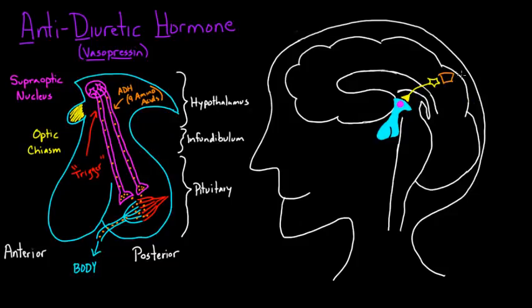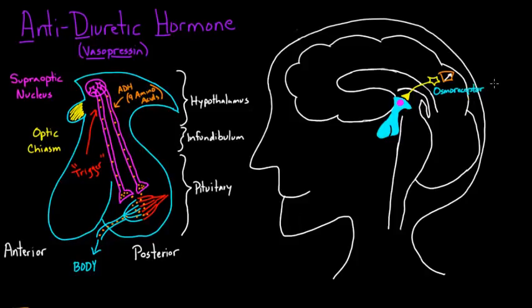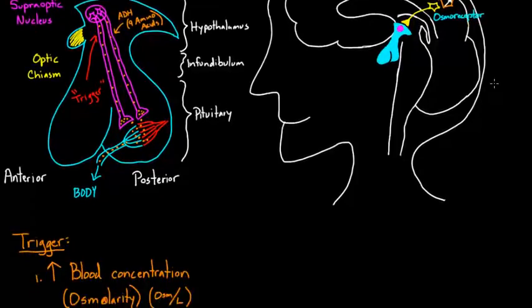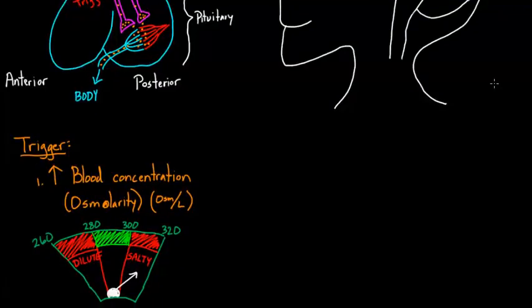And this is my little diagram that I drew before, and you can now think if the osmoreceptor is telling you that it's too salty, then that's a problem. And in fact, why don't I even go one step further and label this as my osmoreceptor. Osmoreceptor. So if my osmoreceptor is set to tell me that it's too salty, that is one of the signals that's going to trigger ADH release. Okay.